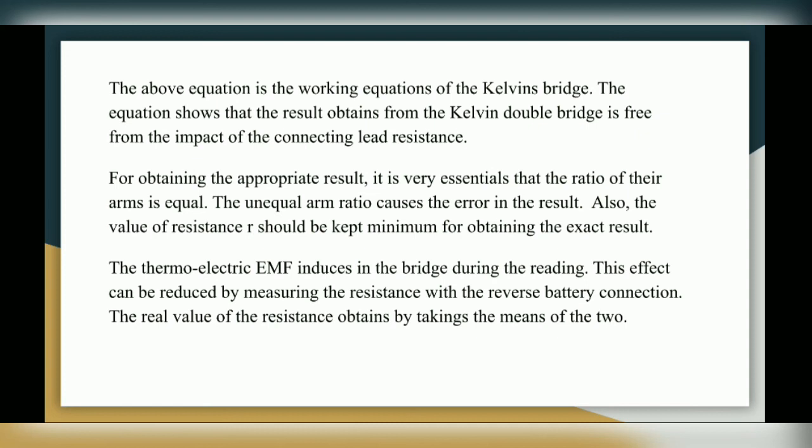Also, the value of resistance R should be kept minimum for obtaining the exact result. The thermoelectric EMF induces in the bridge during the reading. This effect can be reduced by measuring the resistance with the reverse battery connection. The real value of the resistance is obtained by taking the mean of the two.